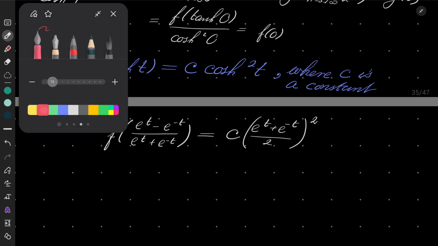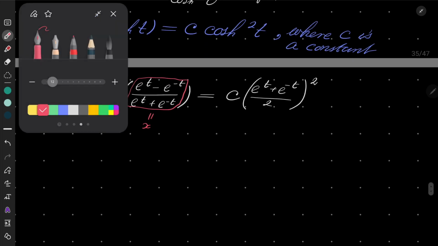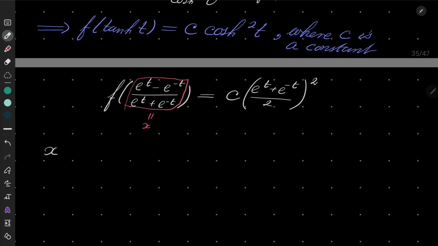And now I wish to go back to my x, because this number is just x, and I wish to express the right hand side in terms of x. How can I do it? Well, x equals e to the power of t minus e to the power of minus t, over e to the power of t plus e to the power of minus t.